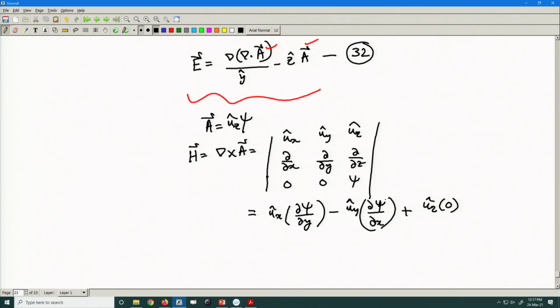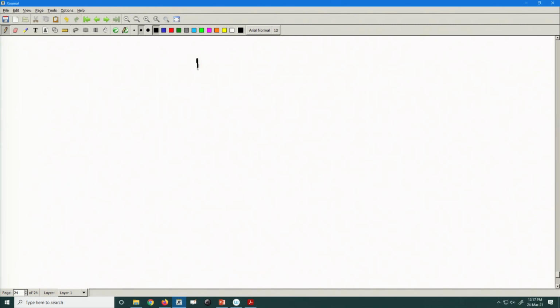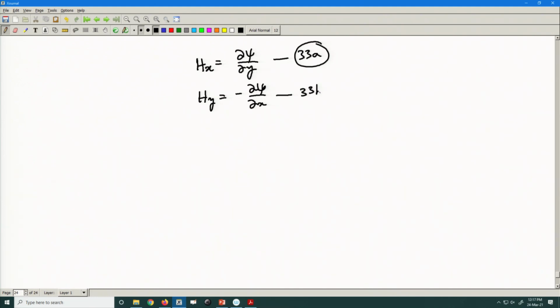So, therefore, from here we get H x is del psi del y, we call this 33A, H y is minus del psi del x, we call this 33B, and H z is 0, we call this 33C.